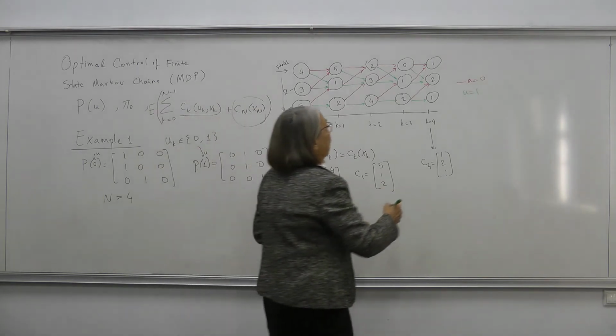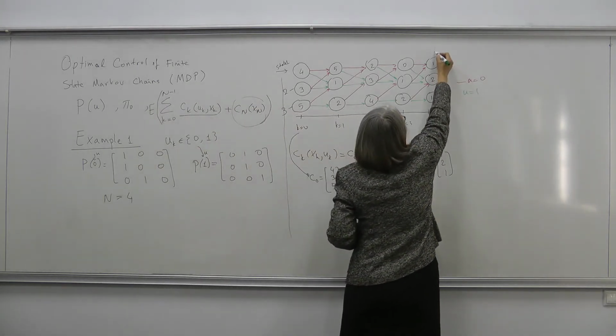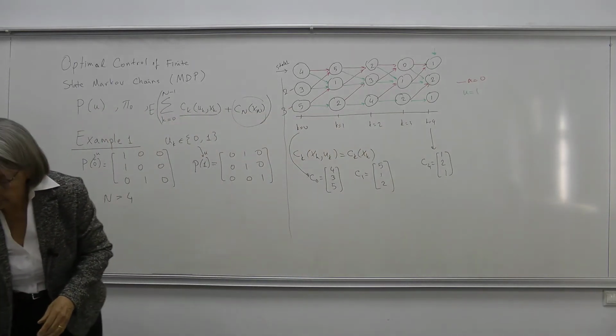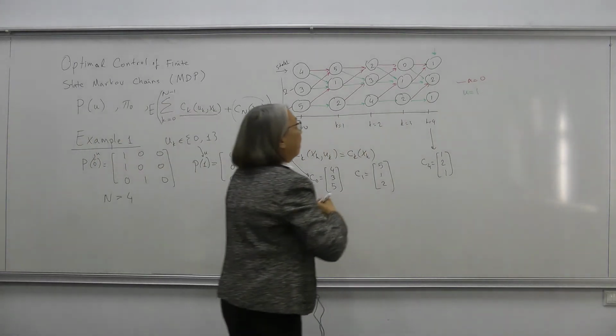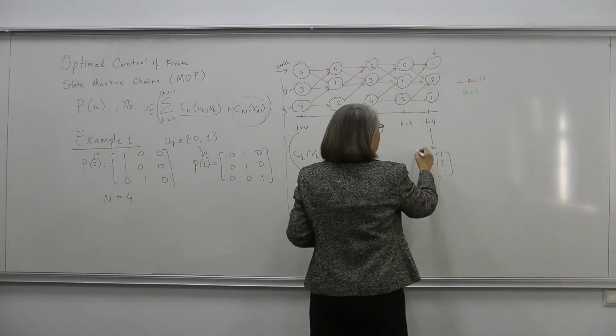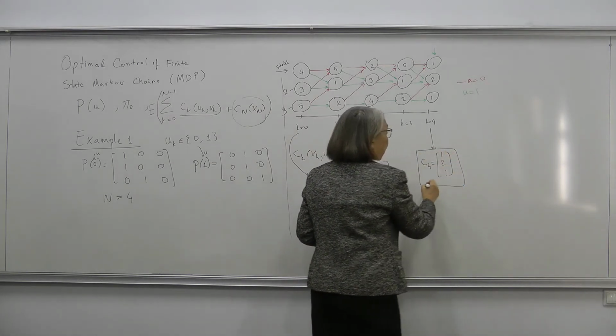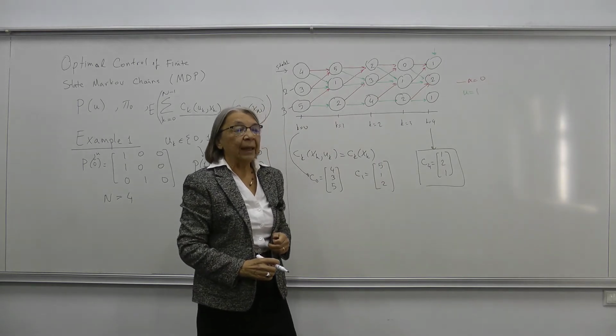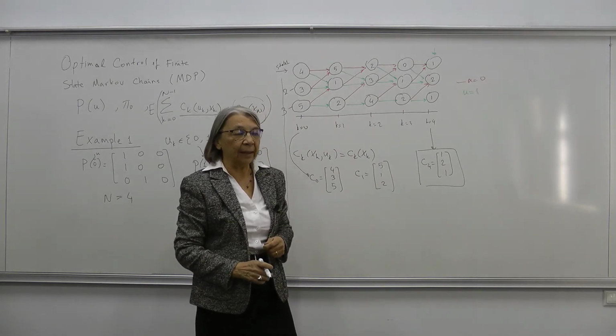Assume that we are here at time 4. If time is 4, we get exactly these cost to go values that depend on the state.